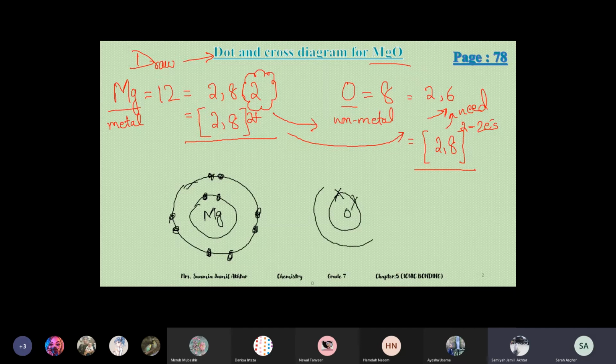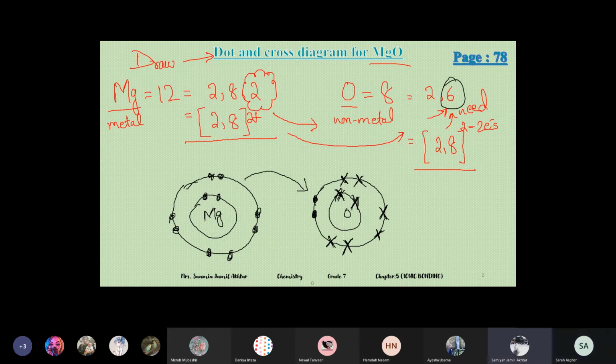In the second shell, oxygen had previously 6 electrons of its own, so we will write crosses for the 6 electrons of oxygen: 4, 5, 6. So 6 electrons of oxygen itself, and 2 electrons of magnesium, indicated by dots. They are transferred from magnesium to oxygen.